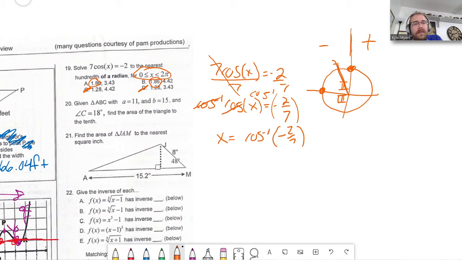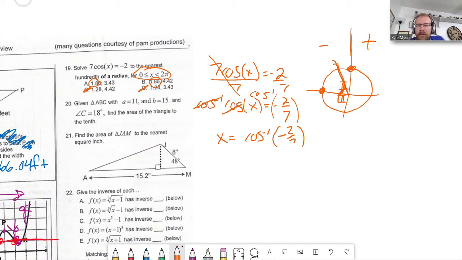So I want to know what this is, and I'll show you why in a second. But in order to figure that out, I just need to subtract my answer from pi. Pi minus the angle I just got would give me the reference angle. So pi, and you do this all the time for the second quadrant, by the way. It's always pi minus whatever your angle is to get the reference angle.